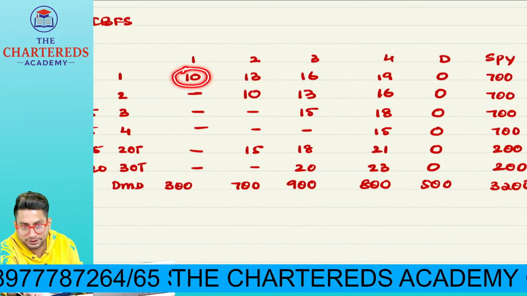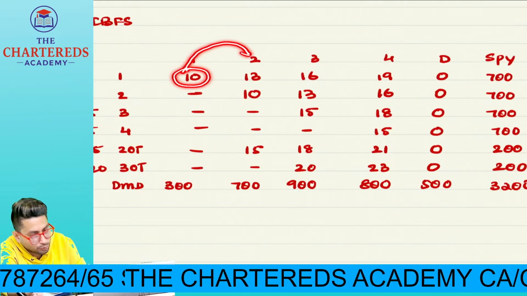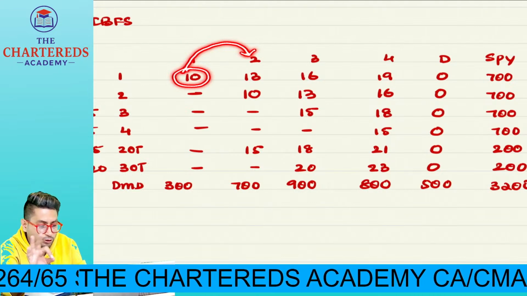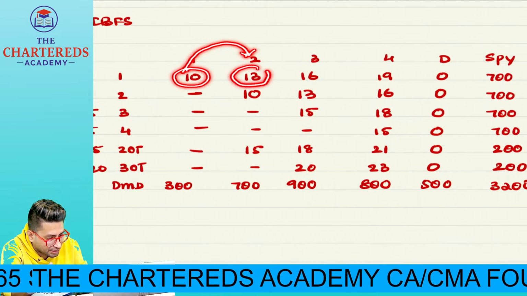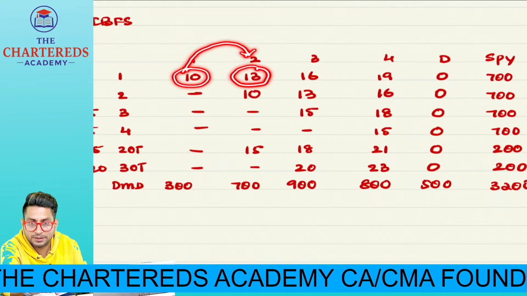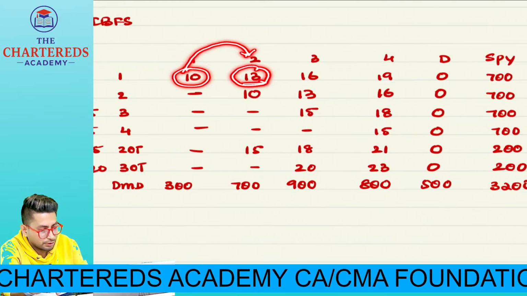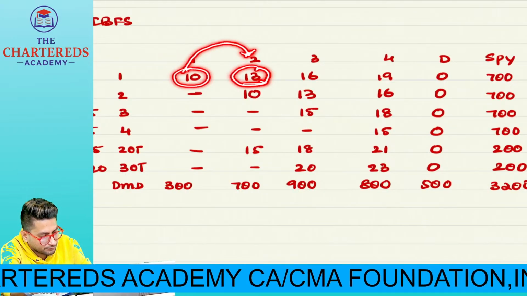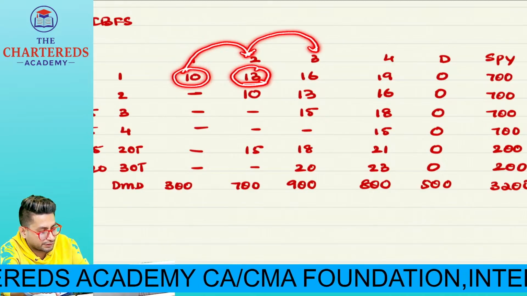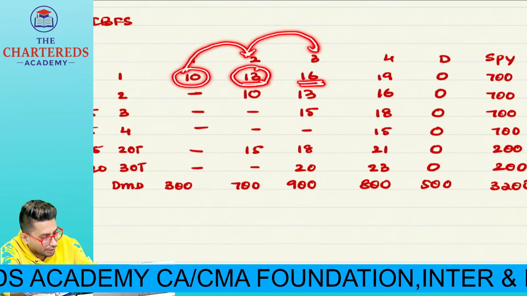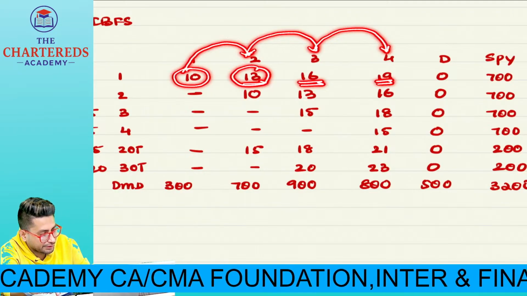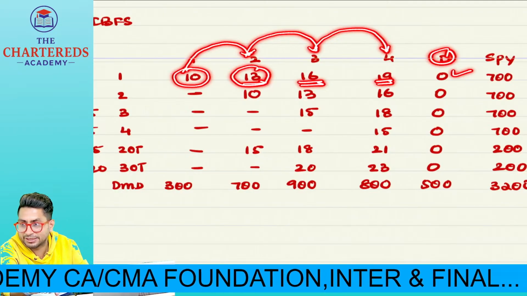Very rarely that happens. So that is why we carried forward to second week. When we carried forward to second week, the extra cost we are incurring is 3. Total 13. Now if we carry forward to third week, again 3, then 19. Here it is dummy. That is why we are taking 0.